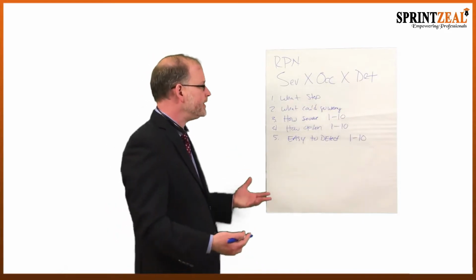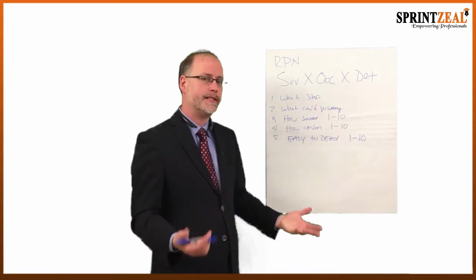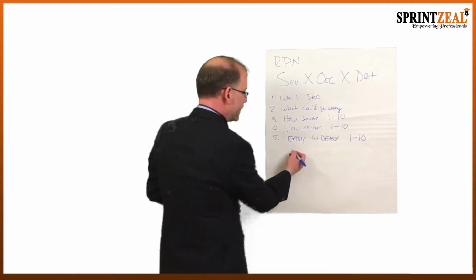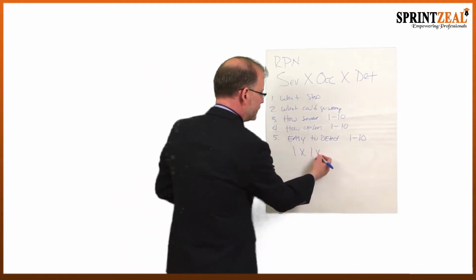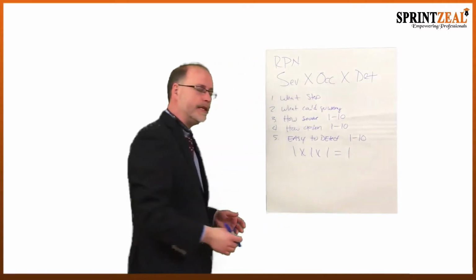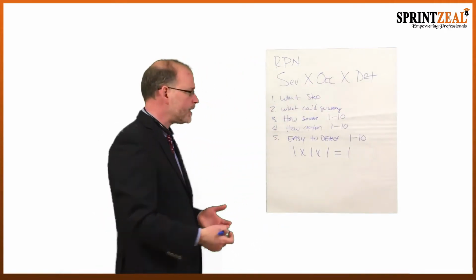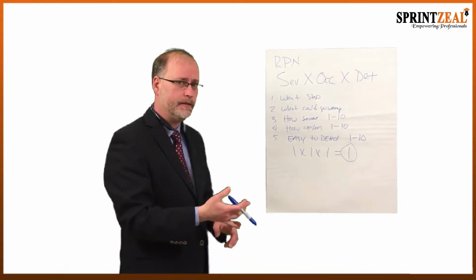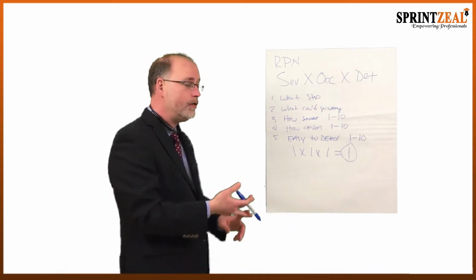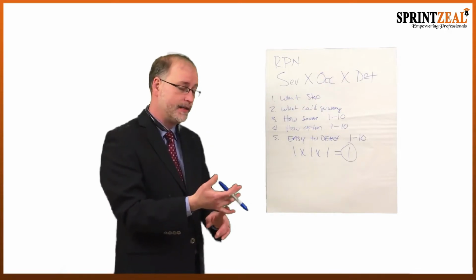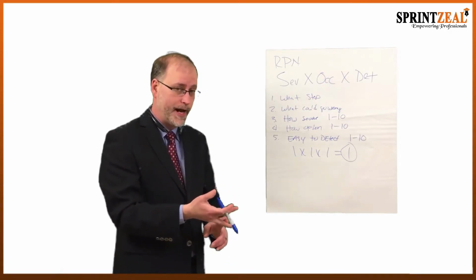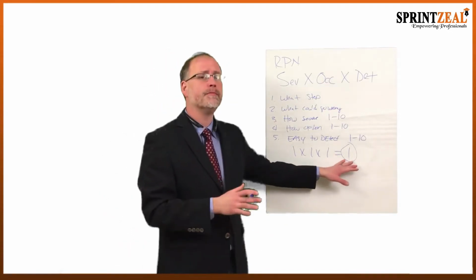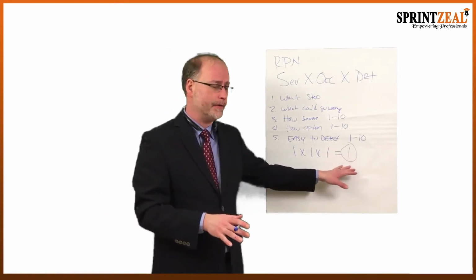So our RPN number is calculated using that scale. Now, going back to mathematics in school, we understand that 1 times 1 times 1 is still equal to 1. So this, which has low severity and low occurrence, which means it's not severe, it never happens, and it's easy to detect, would have almost minimal or no effect on our customer.